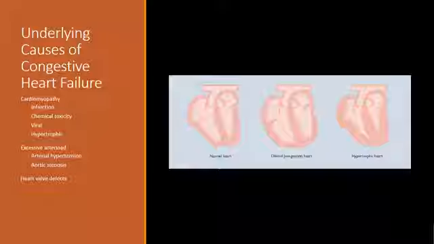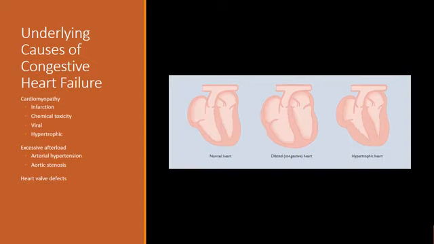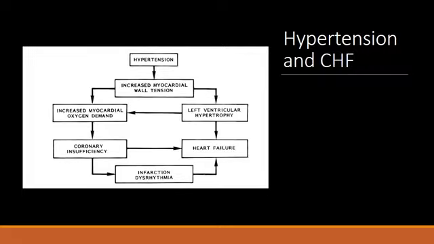Also, we can have a variety of heart valve defects that can be causes of other types of cardiomyopathies. So as I mentioned, one of the main causes of a hypertrophic heart is hypertension. If we look at the cycle of how this works, we have primary hypertension, so high blood pressure, and that's going to increase the stress on the myocardial wall, because the muscle has to work really hard to expel that blood.